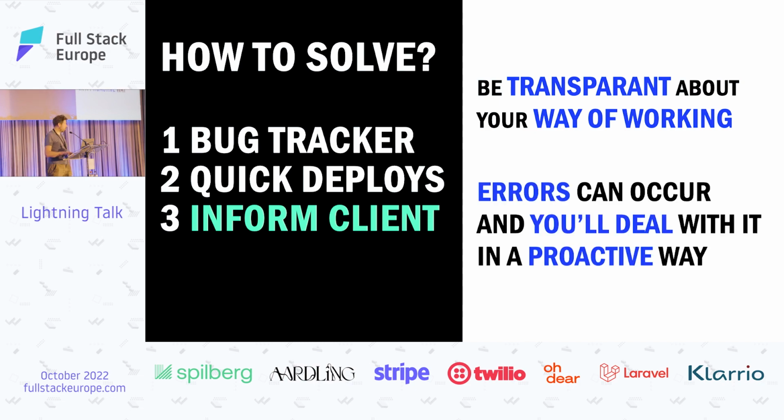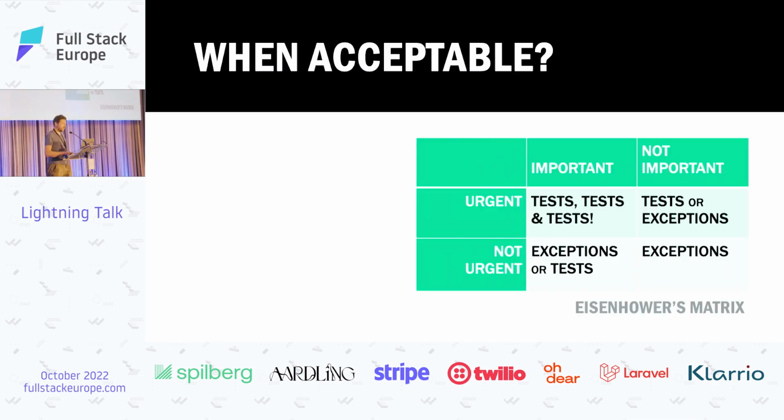Is it then always acceptable not to have tests? Well, there is this very nice Eisenhower matrix, and you've seen it in any field or domain that you've studied. They find a way to squeeze into this matrix, because there's always something to say. And the real thing is, when it's important and urgent, yes, you need tests.